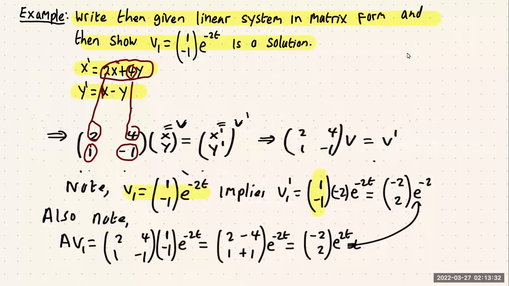The derivative of the -2t is just -2, so it'll be -2 times e to the minus 2t. Then you can multiply the -2 in with the 1 and the -1, and so it'll be the vector -2, 2 times e to the -2t.